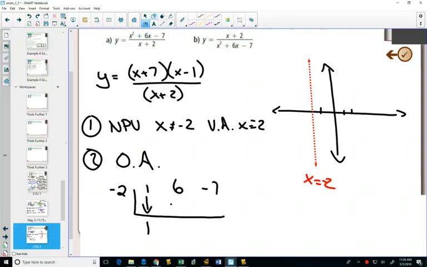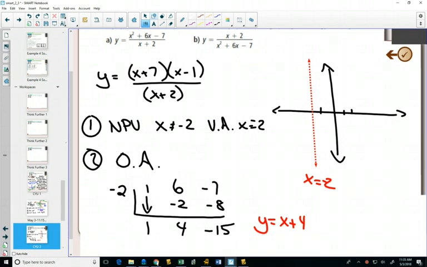Bring the 1 down, multiply, add, multiply, add. We can ignore the remainder of minus 15. And y equals x plus 4 is our, excuse me, oblique asymptote.